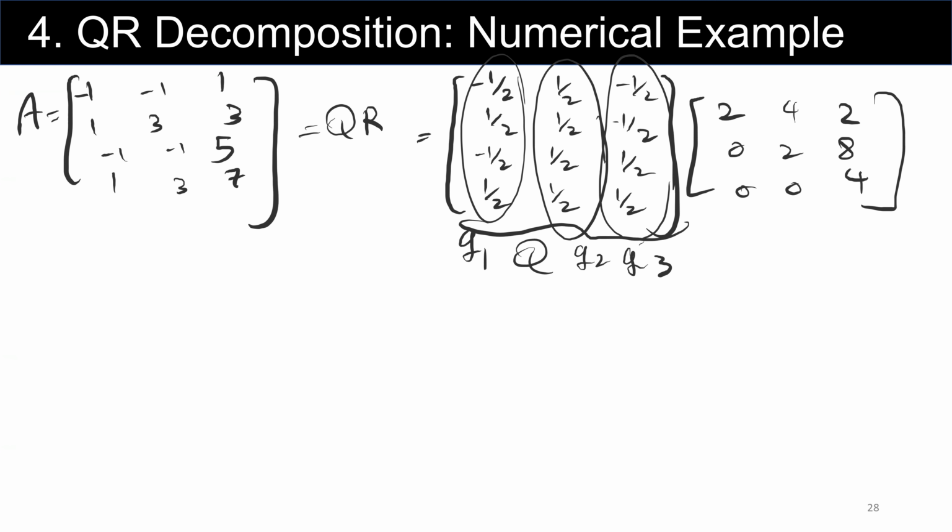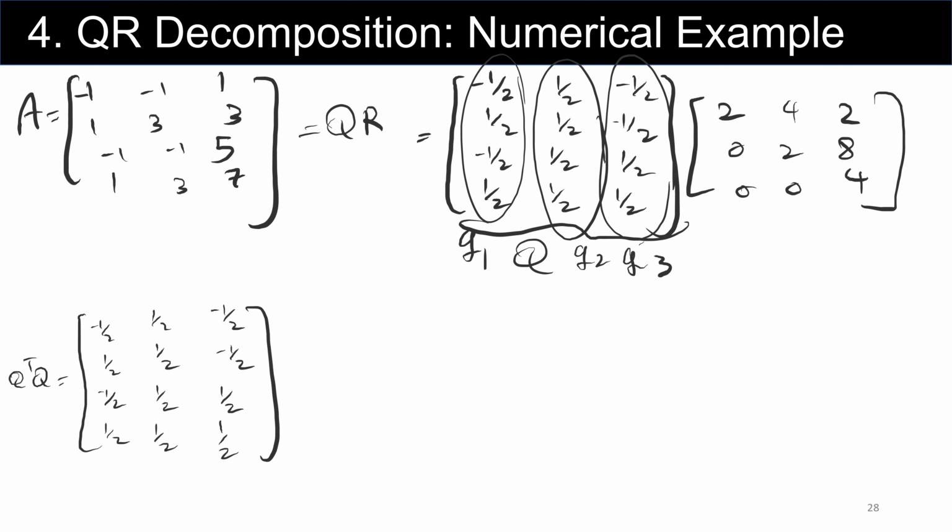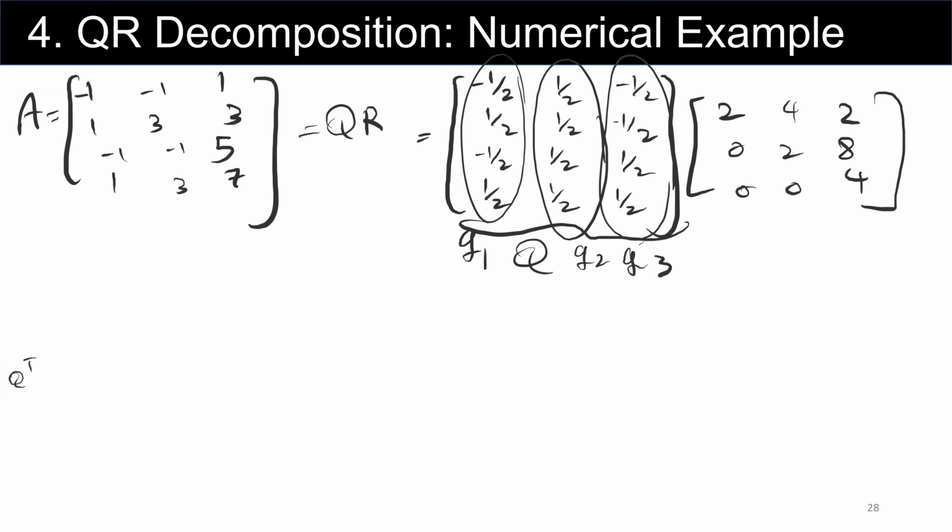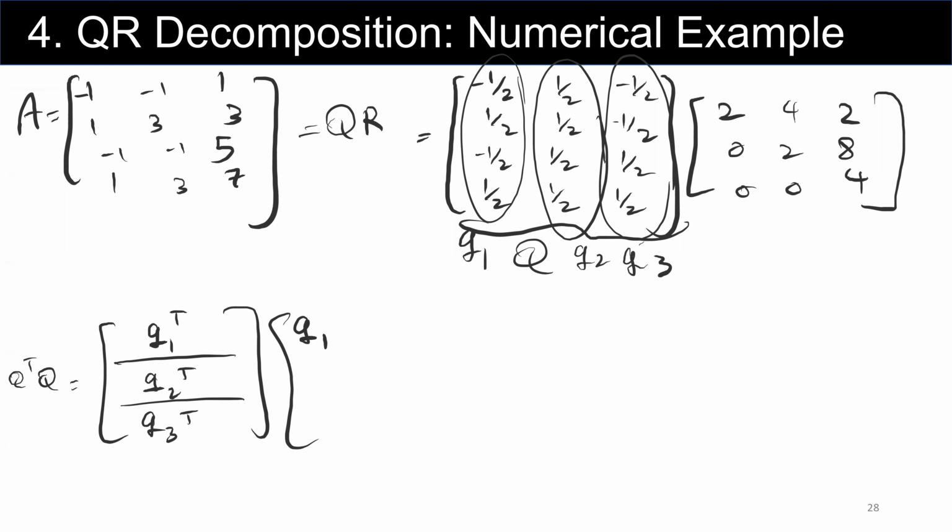So let's see what we get if we find Q transpose Q. Q transpose is q1 transpose, q2 transpose, q3 transpose, multiplied by q1, q2, q3.